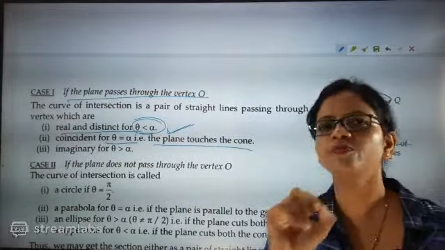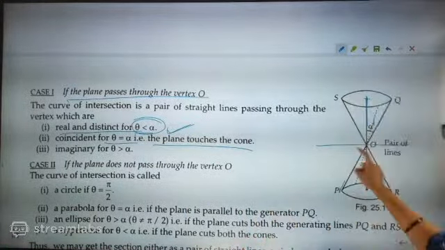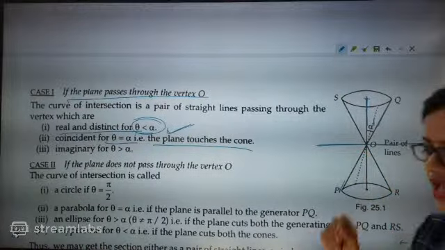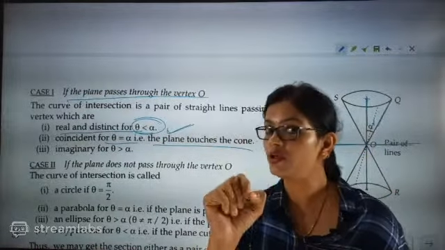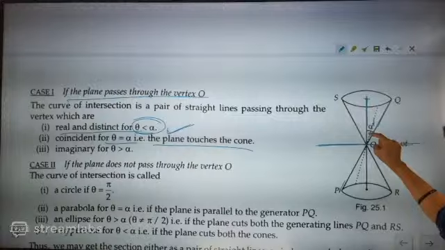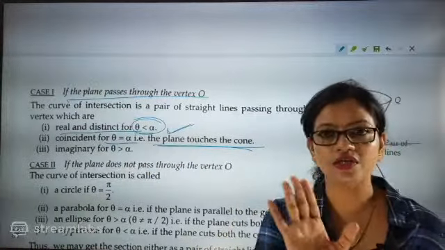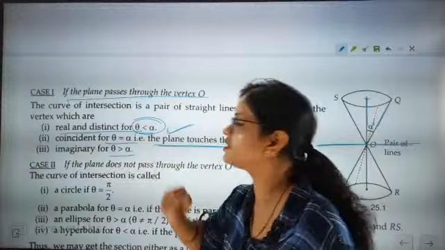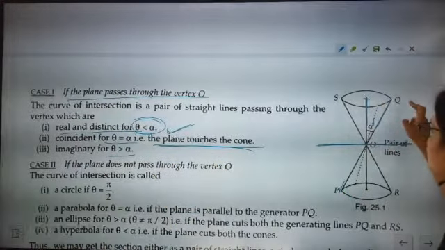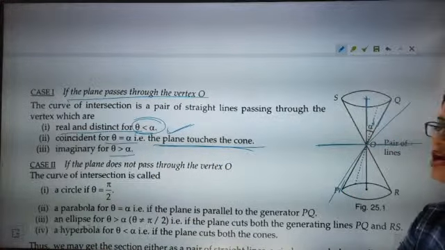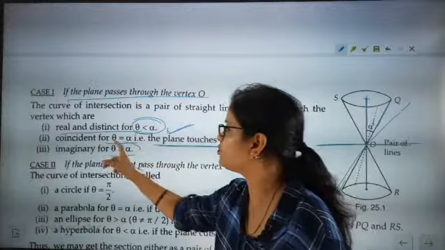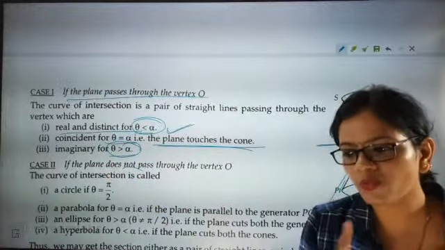Then the plane touches the cone at only one point. That means if the angle of inclination is equal to alpha, the semi-vertical angle, it is exactly touching the cone, nothing else. But if theta is greater than alpha, then it is going to be imaginary. This is only one case.